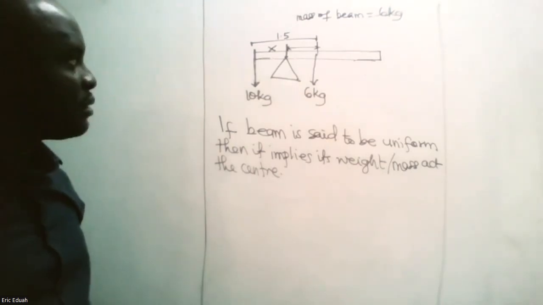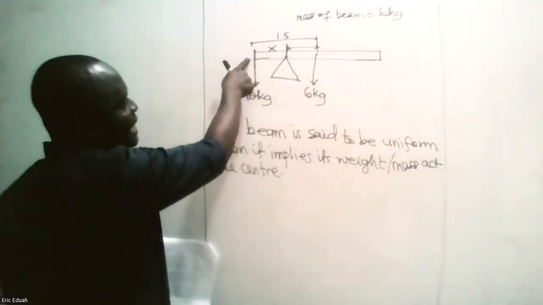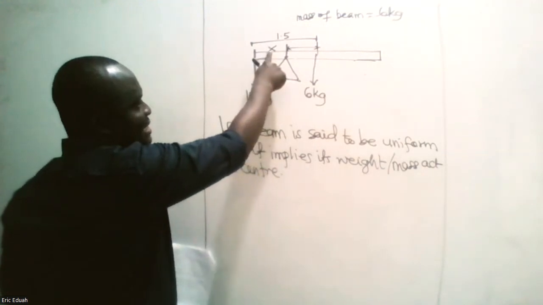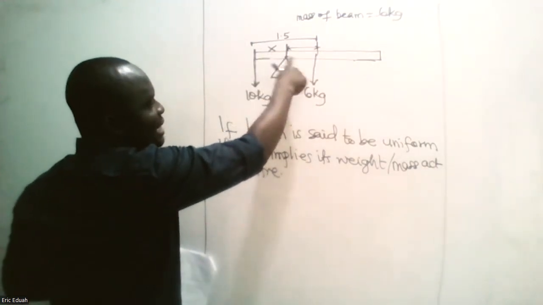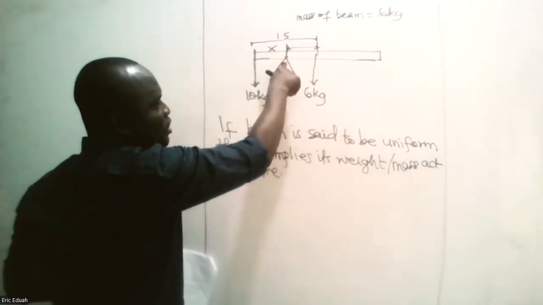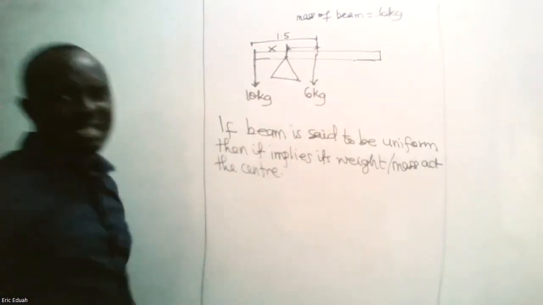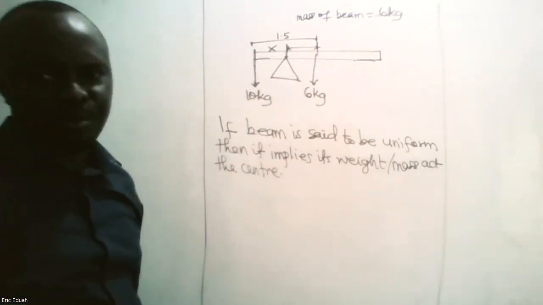If from this end to where the support is X, what then will be the distance from the pivot or the support to where the 6 kilogram mass of the beam is?